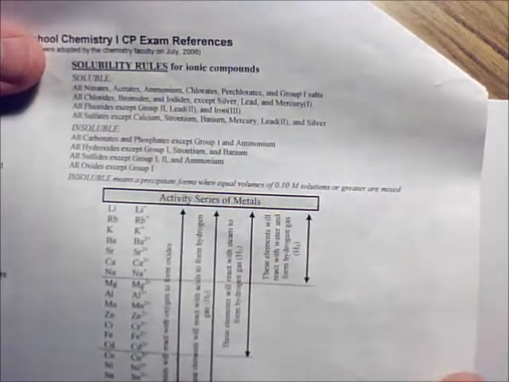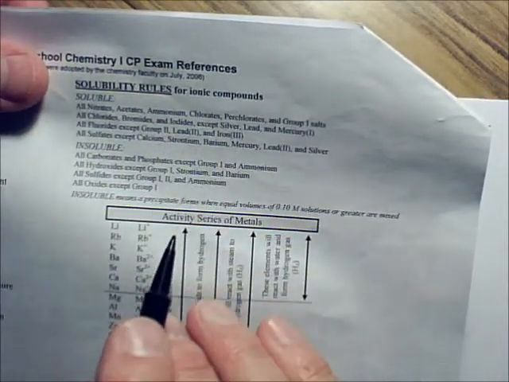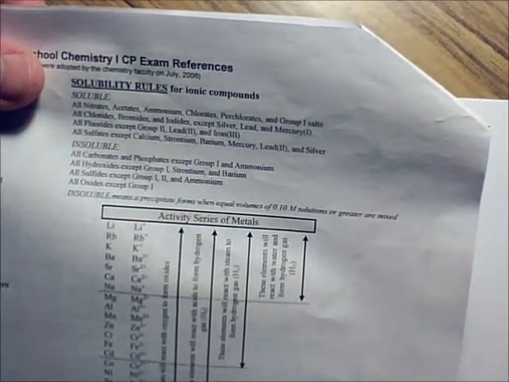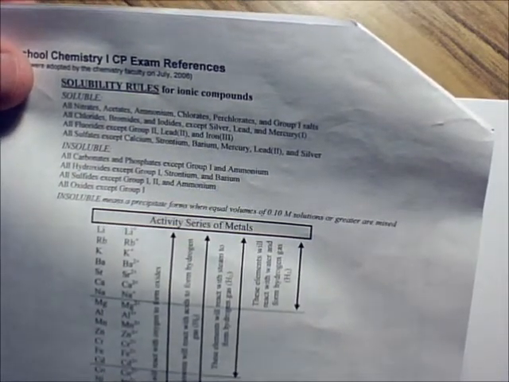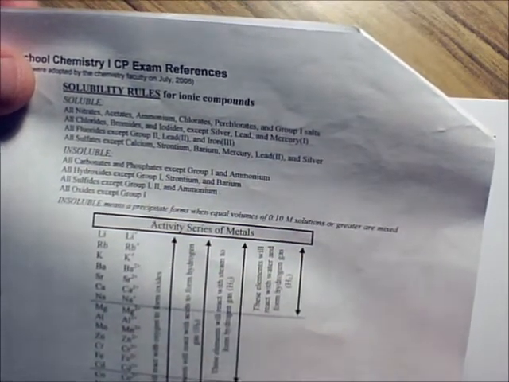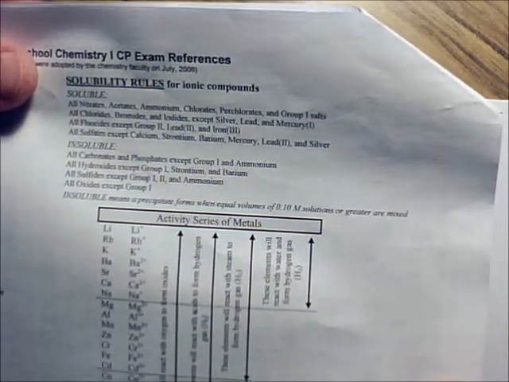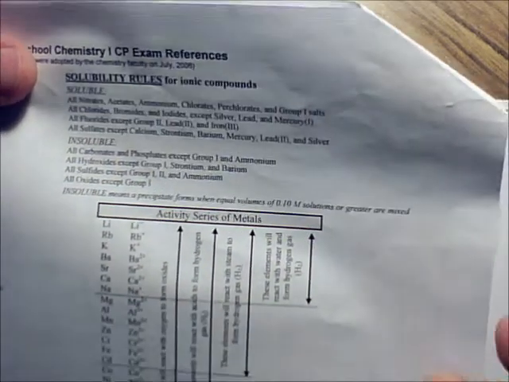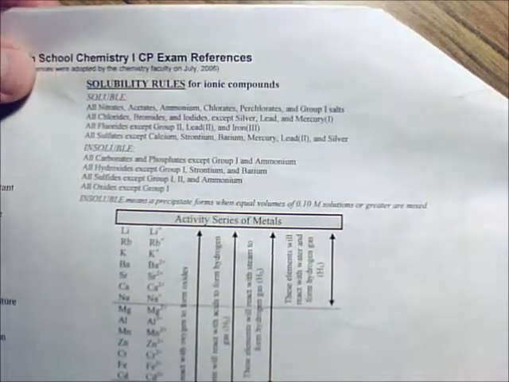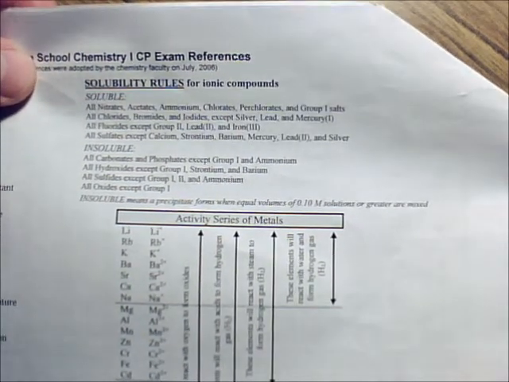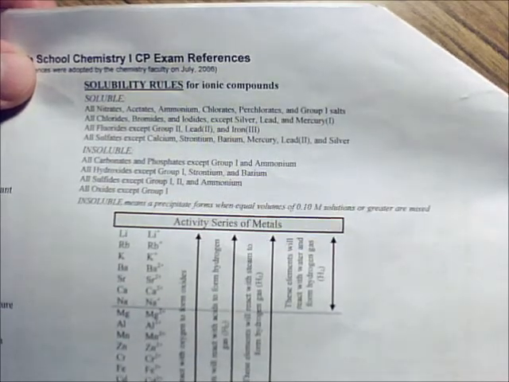So you just look at the compound and see if it's going to be aqueous or not. Now there are other compounds that are aqueous besides these, but we haven't dealt with those, so I would have to give that to you for you to know. All right? Okay.